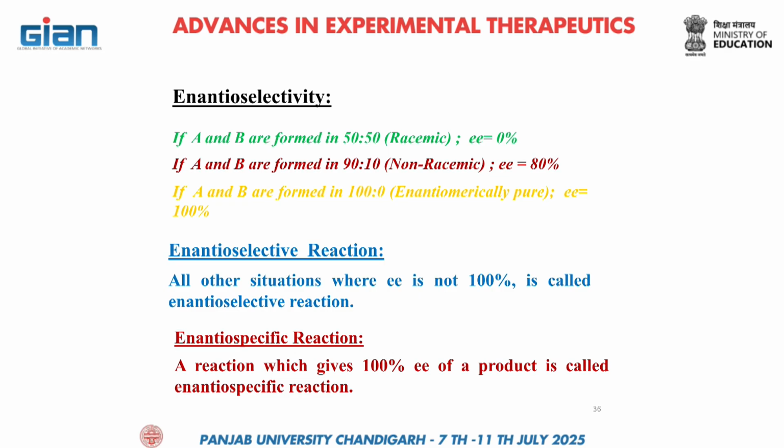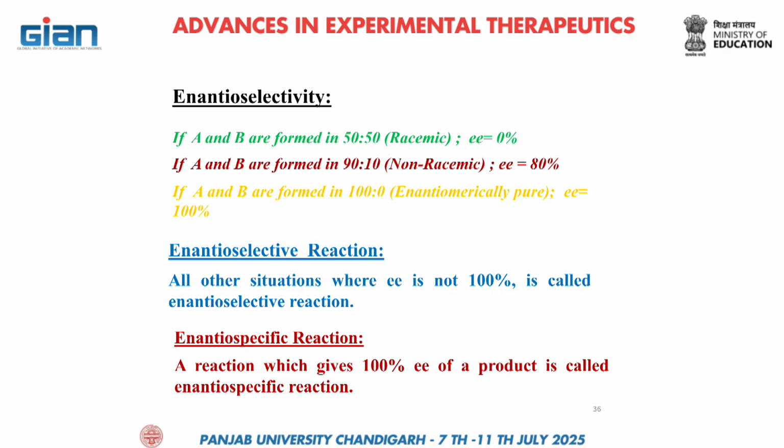In asymmetric synthesis, this terminology is required because whenever you see the asymmetric aldol reaction, asymmetric Diels-Alder reaction, asymmetric Sharpless epoxidation, hydroxylation, every time the question comes: is your reaction enantiospecific or enantioselective?